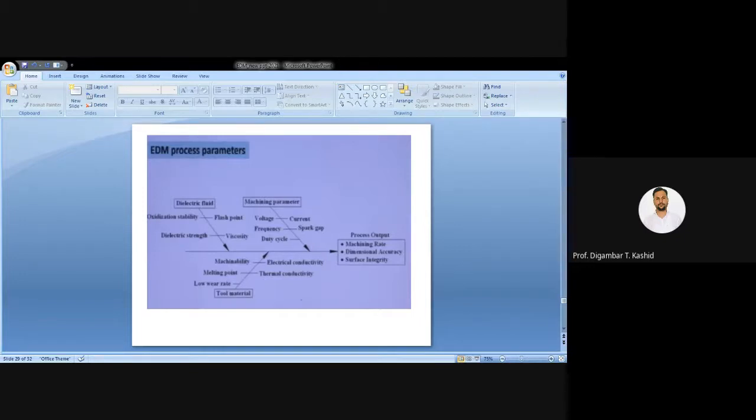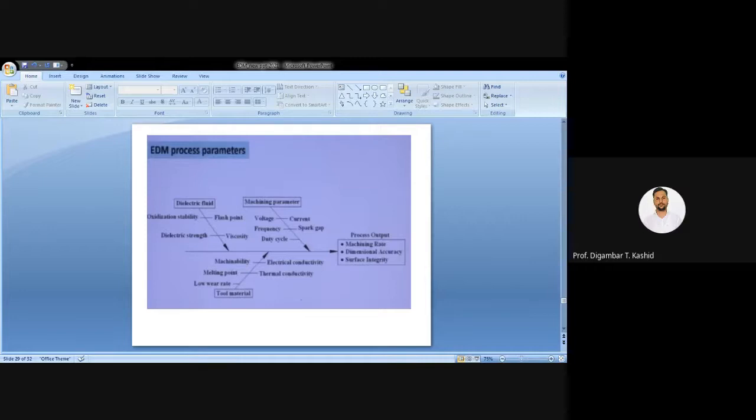That is, you will get repeatability of plus minus 0.025 to plus minus 0.125, and accuracy can be achieved with tolerance of plus minus 2.5 micron. Again, taper 0.005 to 0.05 mm per centimeter. Surface finish you will get 0.8 to 3.1 micron. So that much surface finish you can achieve by this EDM process.